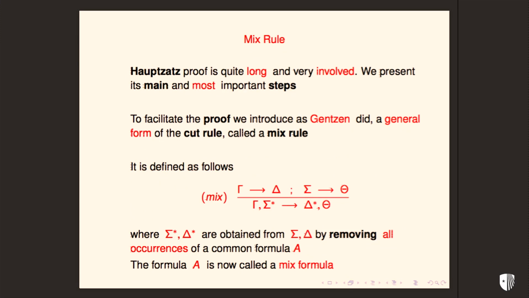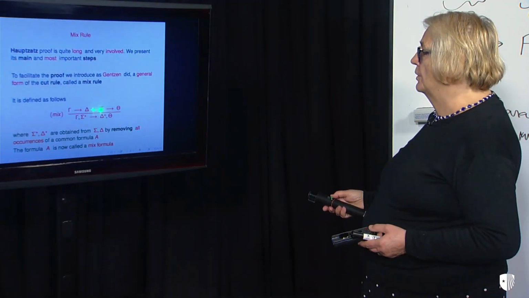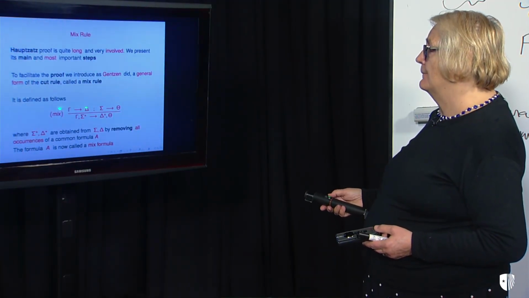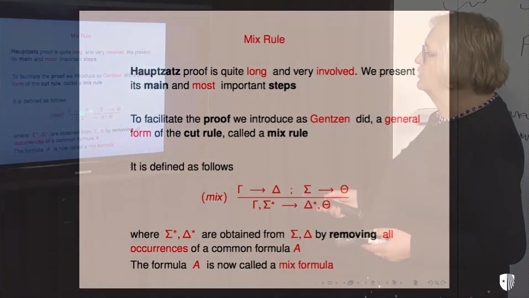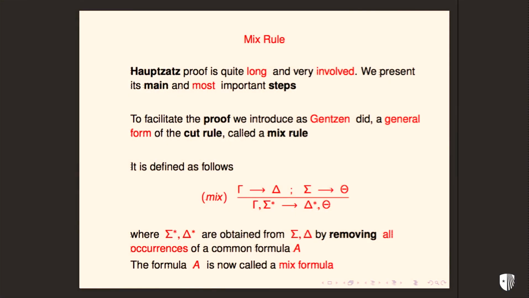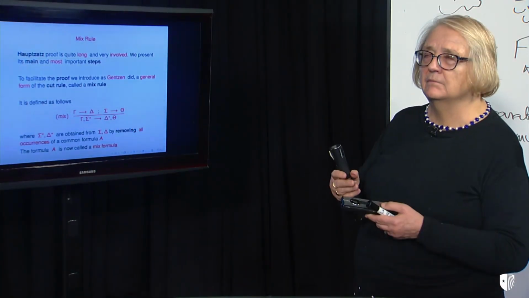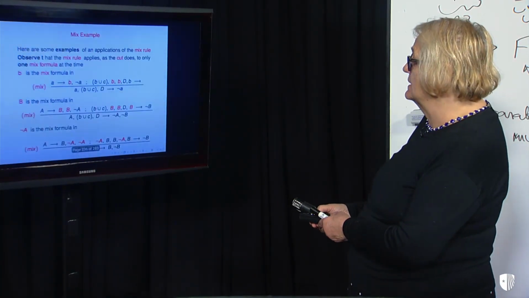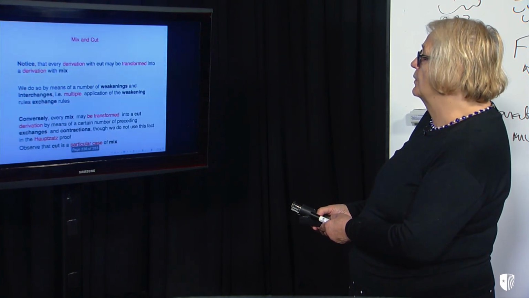It's long, very involved, and the main important steps I brought in. First of all, you replace cut by what he calls mix. It means that you can remove many occurrences, you see here, you obtain from sigma delta by removing all occurrences which are common. So he sort of said, if you have cuts, you can do them all at the same time, and he calls it mix. And here's an example.